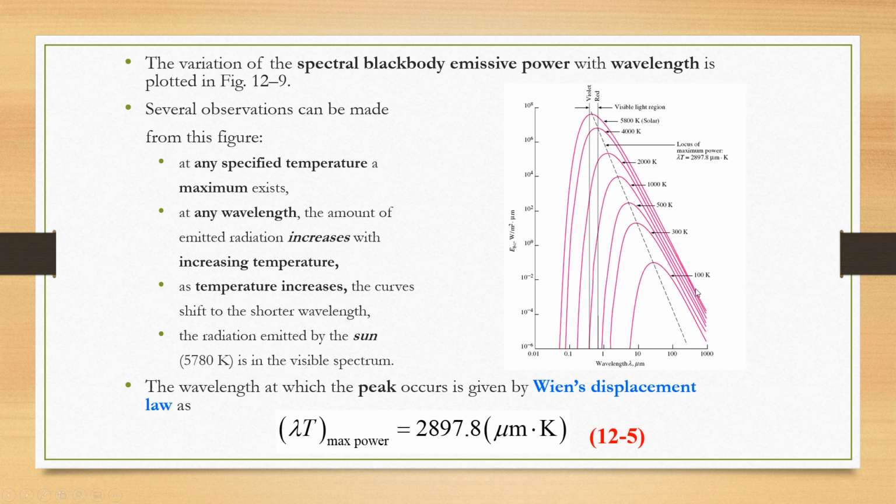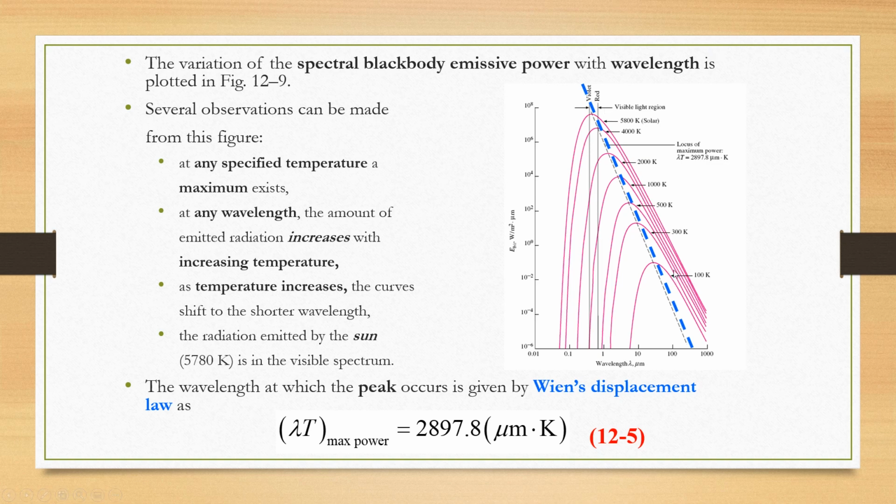So as we can see here, there are different peaks for different temperatures. If we have a high temperature, we get a high peak point for that graph. As temperature increases, the curve shifts to the left, to the shorter wavelength region. Consequently, a larger fraction of the radiation is emitted at shorter wavelengths at higher temperature.